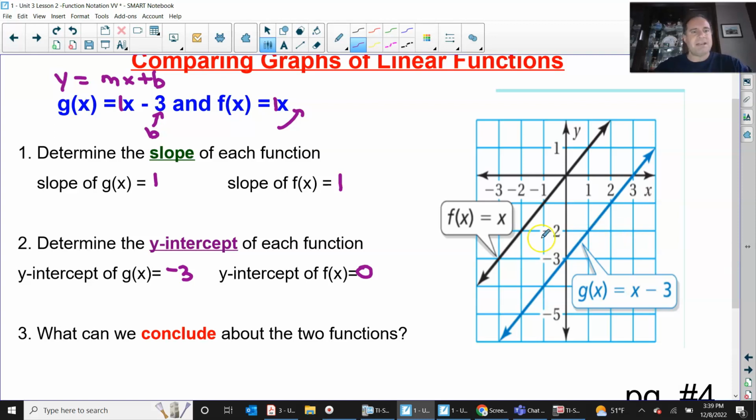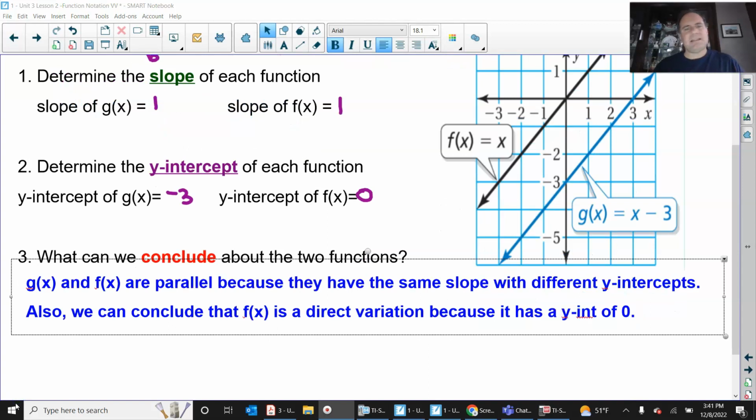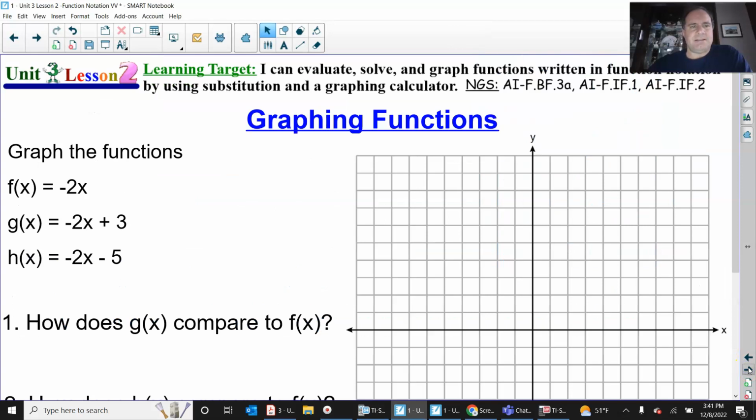So if you want to copy that down, g of x and f of x are parallel because they have the same slope with different y-intercepts. And also we can conclude that f of x is a direct variation because it goes through 0, 0, has a y-intercept of 0. A lot of people like to say there's no y-intercept. There is a y-intercept. The y-intercept is 0.